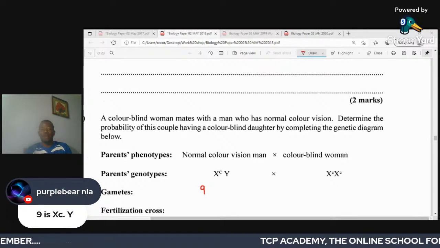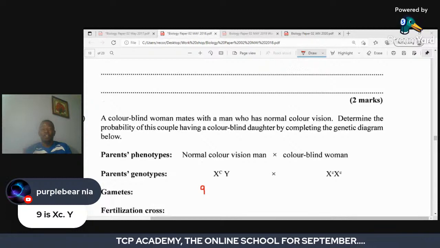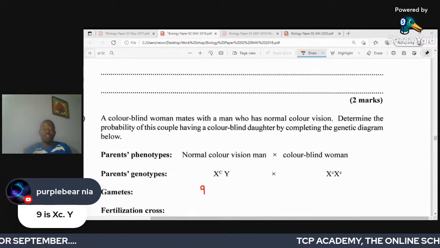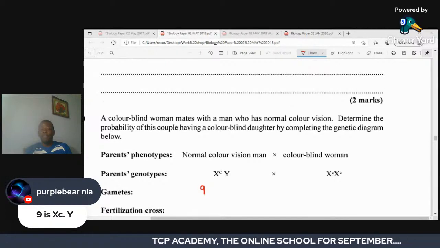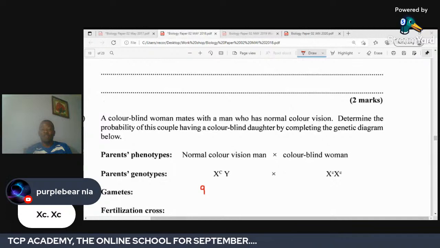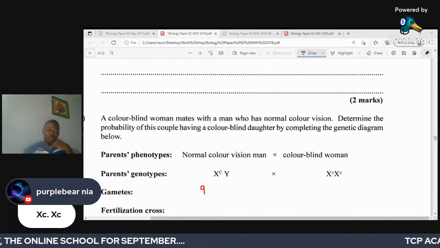For XY, it is a capital C. Remember, it said that it is a normal color. So this is supposed to be a capital C. X, capital C, and the C is superscript. And then we space it out, and then we write the Y. Then over on the female side, that's where we have the common C's. You have to make sure that you don't just write any old letter.